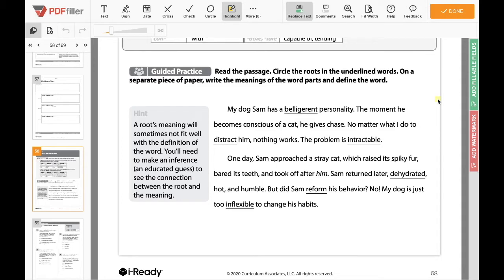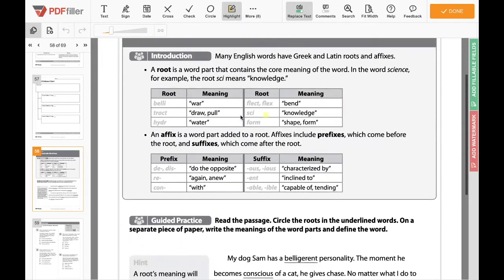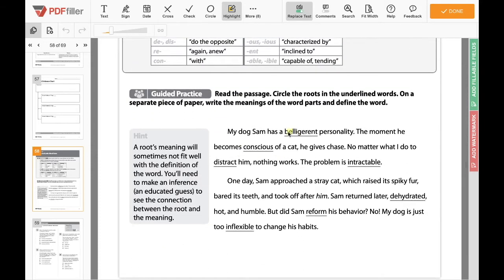Now we're going to go through and highlight those different roots within those words. Again, all of the roots will be found in that chart above. The first word we have is belligerent. If we look up here, we see belli, and we see it right down here as well.